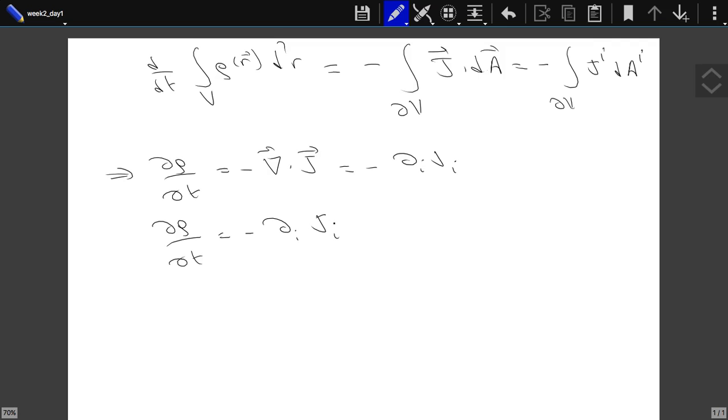If you choose this as your x-axis, and then the perpendicular direction as your y-axis, the x and y components will be different, but they are related to each other. So if you know the x and y components of a vector in this coordinate axis, you can determine the x and y components in this coordinate axis. So look, we said that vectors are just three numbers, but they transform in a particular way.